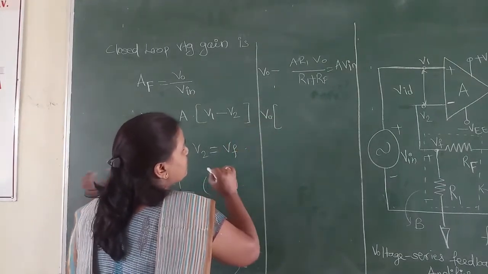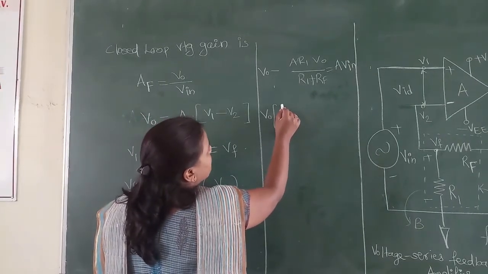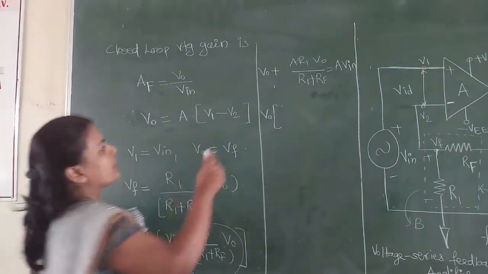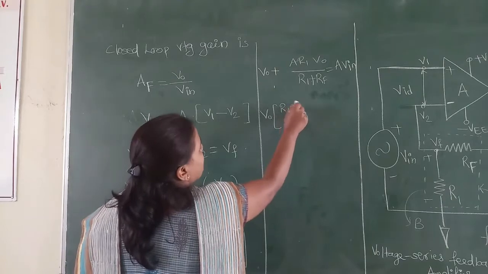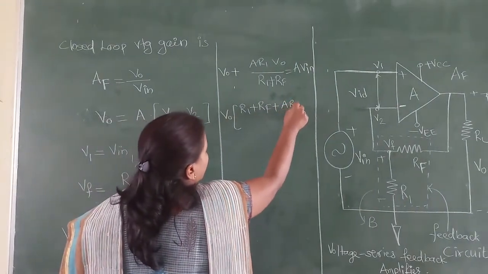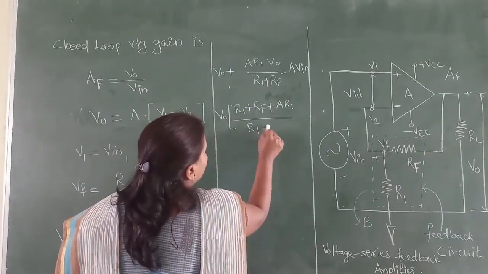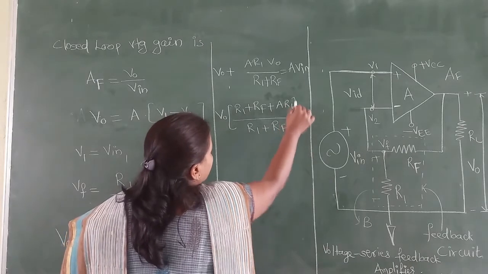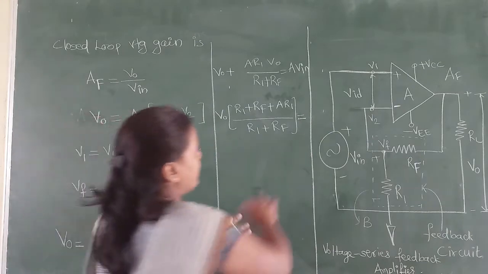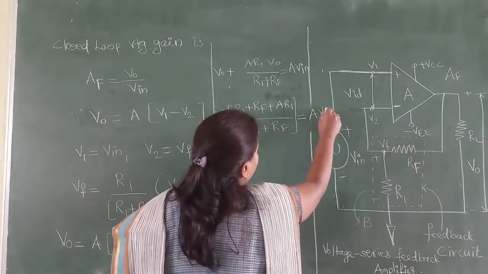That equation can be reduced as V0 into the bracket, and this will become plus here, R1 plus RF plus A R1 divided by R1 plus RF, is equal to A into Vin.